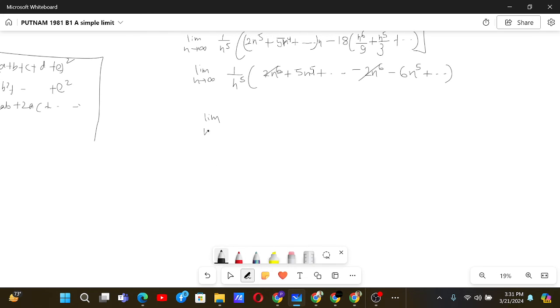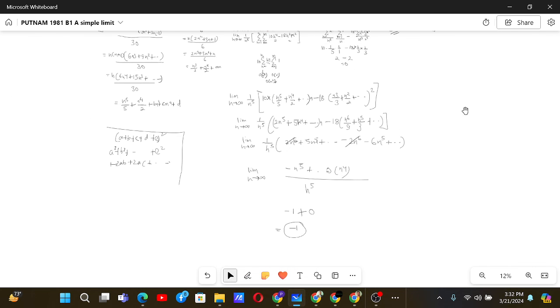So limit n tends to infinity, basically minus n to the power 5 plus some terms in the order of n to the power 4, and this captures n cube, n square, and all the others, by n to the power 5. So others will just go to 0, and this over here is minus 1 plus 0, so that's just minus 1.